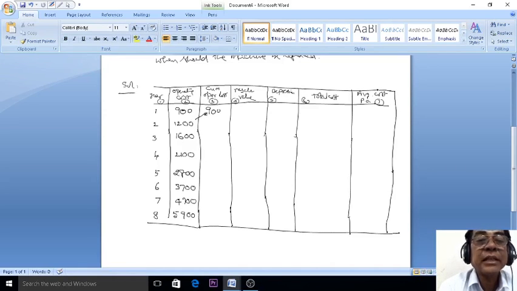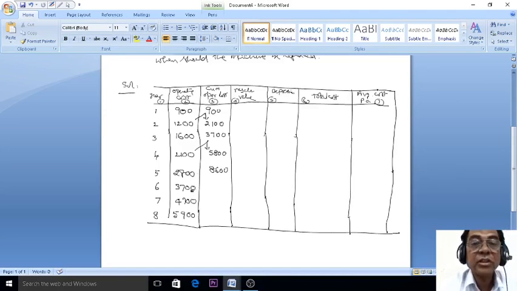Cumulative. Cumulative means write down 900 as it is. 1200 plus 900, so 2100. 1600 plus 2100, so 3700. 2100 plus 3700, 5800. Add these two, write down here. Like this, 8600.